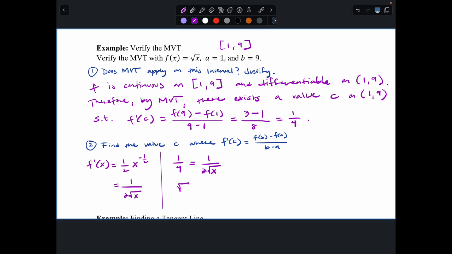We end up with root x equal to positive 2, meaning x will be equal to positive 4. So we could say C will be equal to 4 such that f prime of 4 is equal to 1/4.